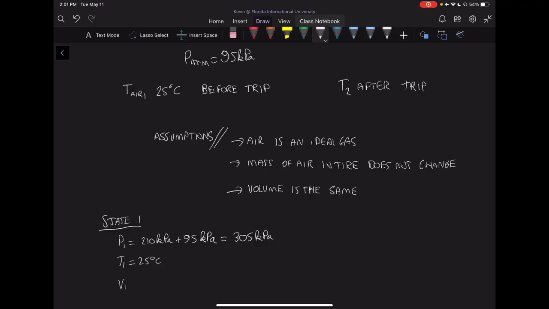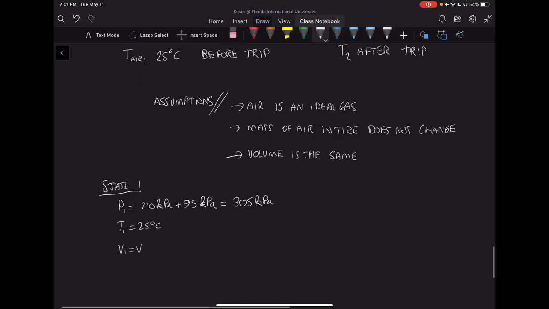We know that V1 is equal to V. We're not given the volume, and mass 1 is equal to M because we're not told the mass as well. In state 2, we're told that pressure 2 is equal to 315 kilopascals. And we're told to find T2, and we're told that mass 2 is equal to mass 1, and V2 is equal to V1 from our assumptions.